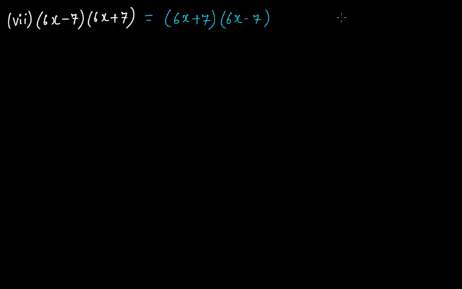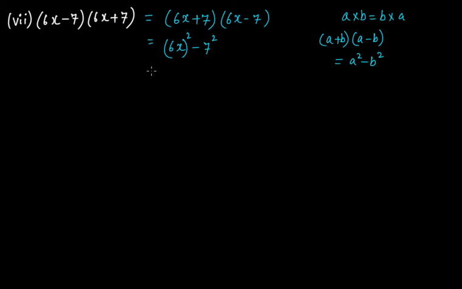By the commutative property of multiplication, that is a multiplied by b is equal to b multiplied by a, and by rearranging it you can see it is of the form a plus b multiplied by a minus b, the standard identity 3. So this is equal to a squared minus b squared. It means this is 6x whole squared minus 7 squared. This gives you 36x squared minus 49.